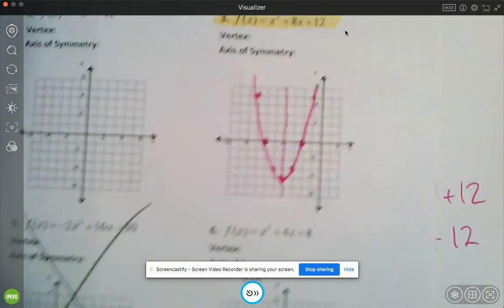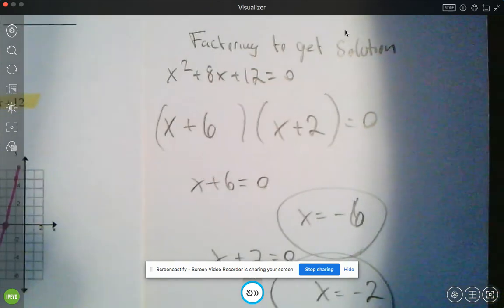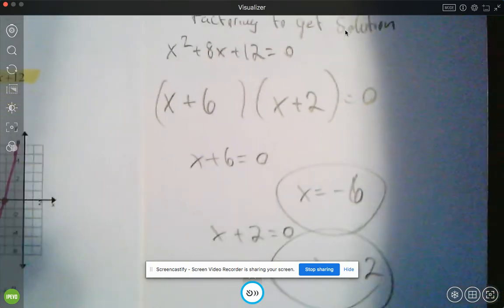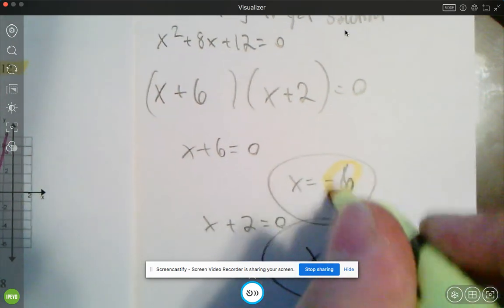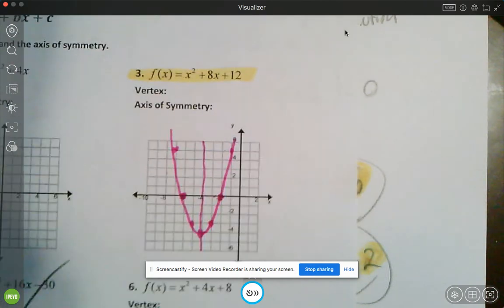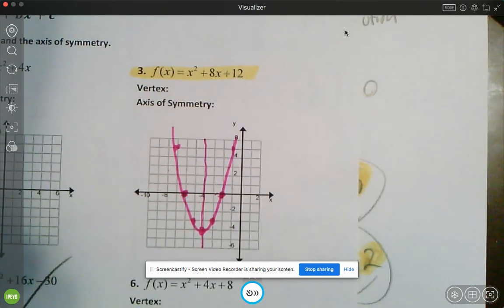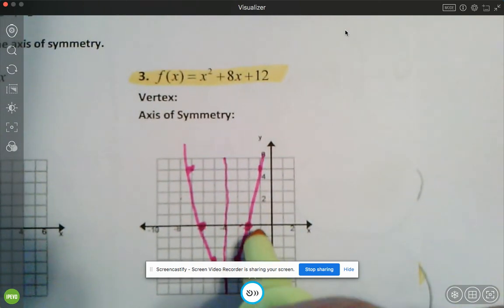So you look at the graph and compare it to what we did with factoring. This is the graph, and this was our factoring to get the solutions, right? So look at the solutions when we factored. It was -6 and -2. Now look at the graph. Do you see -2 and -6 anywhere in our graph? Hopefully you do. It's right here.